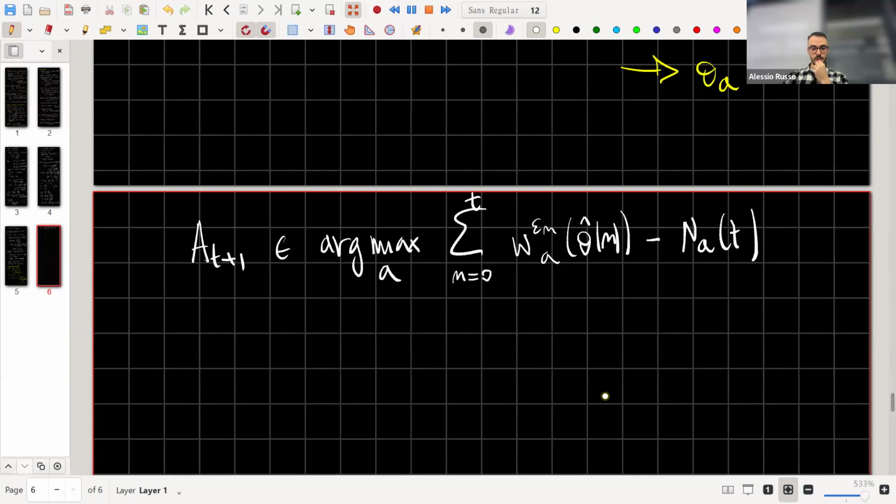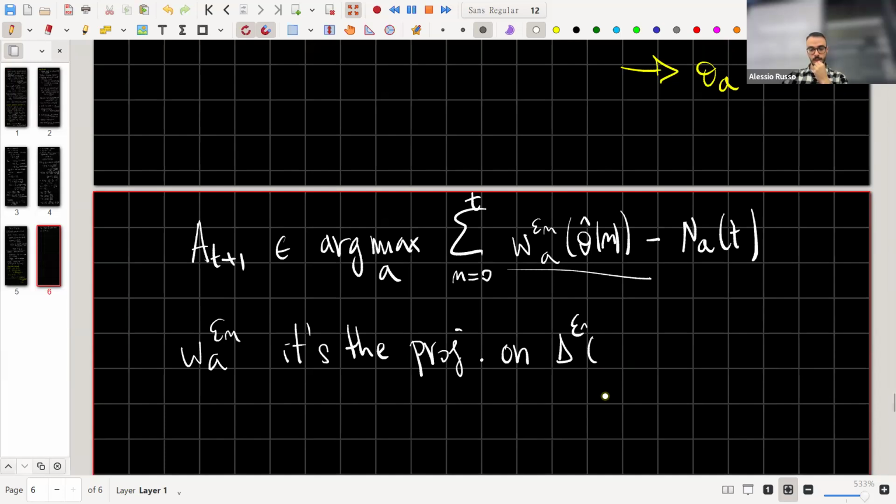In this tracking rule, we have this quantity, which is the projection on the clipped simplex Delta_{epsilon,K} of w*(theta hat_n).